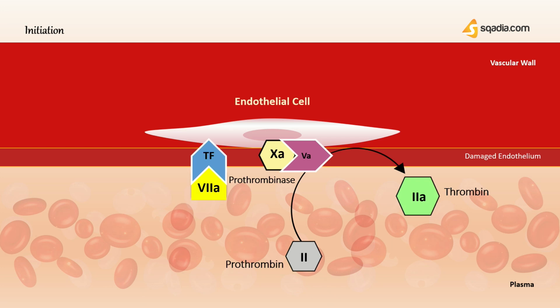However, this thrombin produced over here at this stage is very insufficient for clot formation, and this signal has to be amplified. Why is this so? Well, it's because this signal is produced by the damaged endothelial cells, which are very few in number.